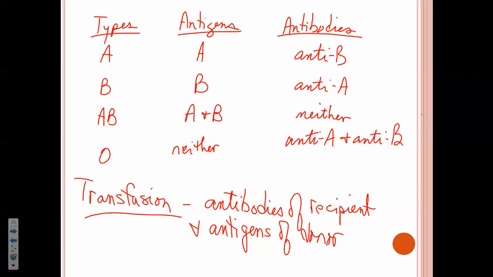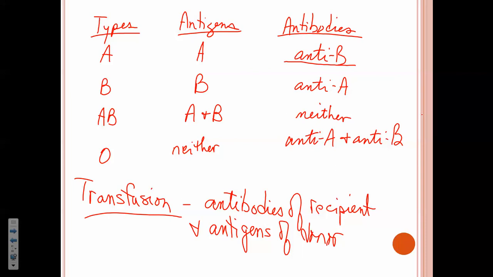Okay. All right. So let's say if a person has type A blood, let's look at what kind of blood types he could receive in a transfusion. The very best one would be A, one just like his. All right, so we're looking at the antibodies of the recipient. So the recipient is the person who's getting the blood. He has anti-B antibody. So he can successfully receive any blood that does not have what antigen on it?